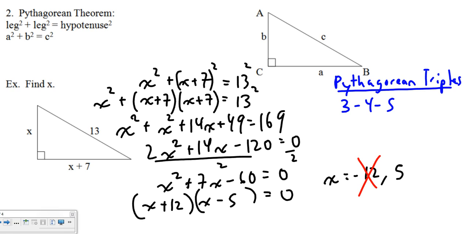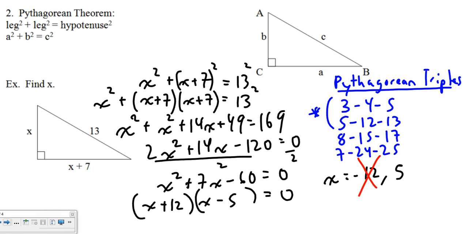And again, if you can avoid doing the Pythagorean theorem, you're going to want to do that. What's the next one? 5, 12, 13, 8, 15, 17, 7, 24, 25. The first two listed come up most frequently. And again, this just isn't in this class, this is on standardized tests. Good things to know and memorize.